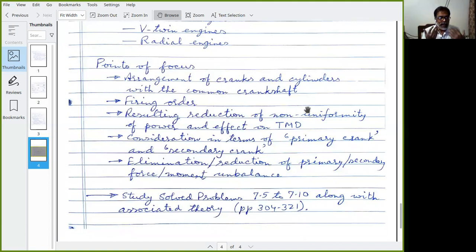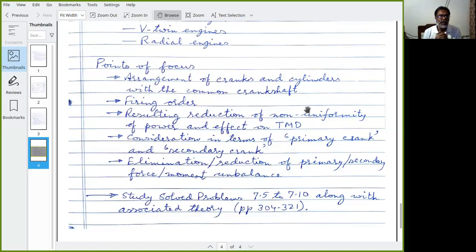And that is another point of focus which an analyst or designer would like to study. Its effect on the turning moment diagram would not be so uneven. Most of the time, the moment generated by the engine in its entirety will be relatively closer to the load moment than in the case of a single cylinder.